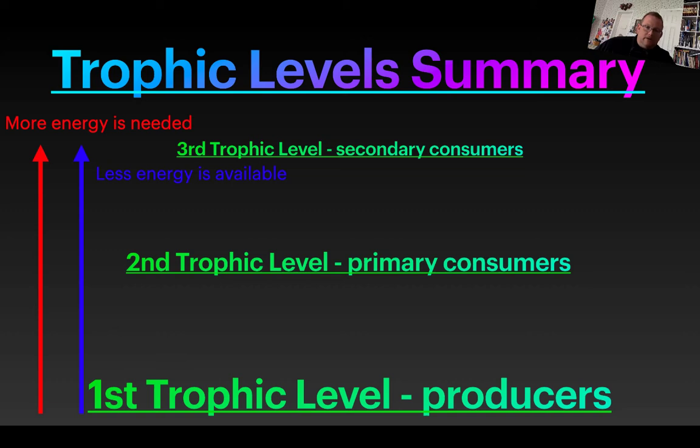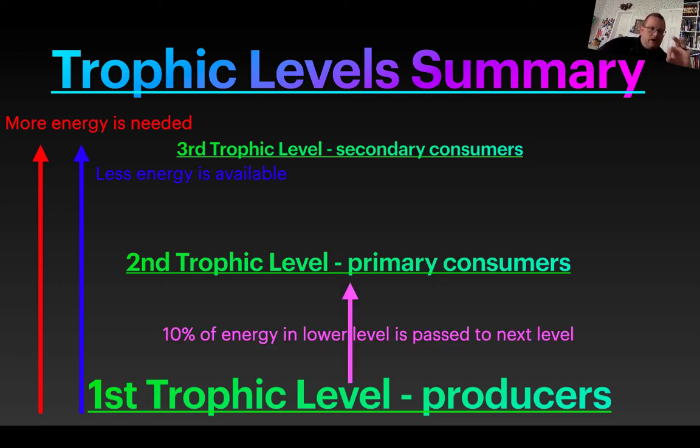Well, the problem is, the higher up you go, the less energy there is. You're like, well, that doesn't make any sense. Well, let me break this down for you. So you've got grass, and it does photosynthesis. It gets energy from the sun. It stores that energy.